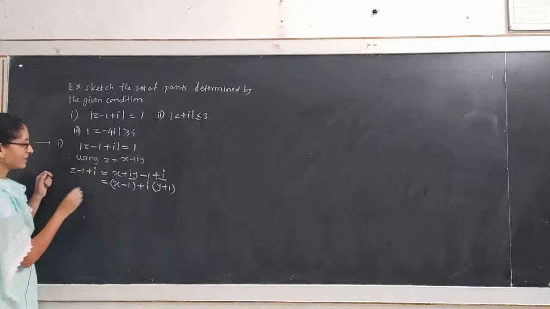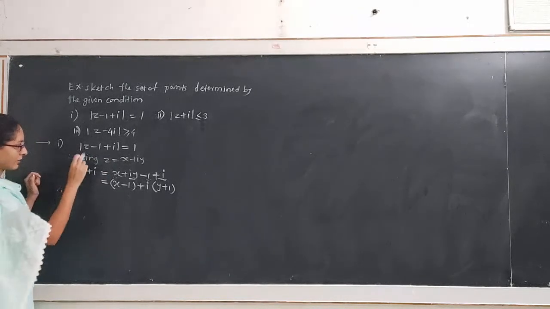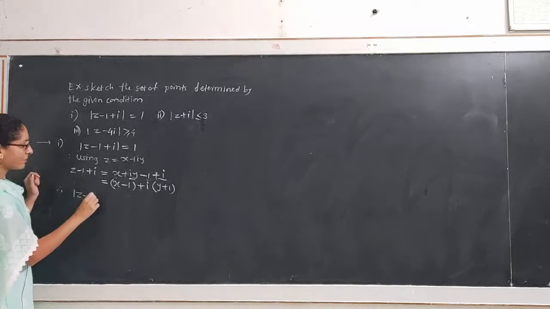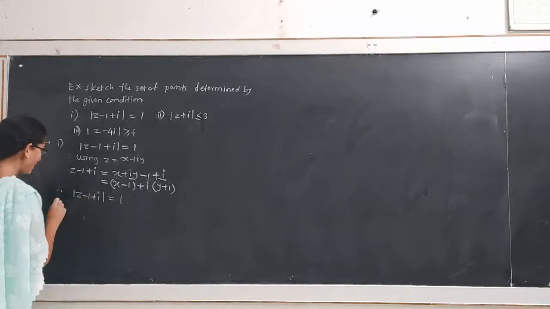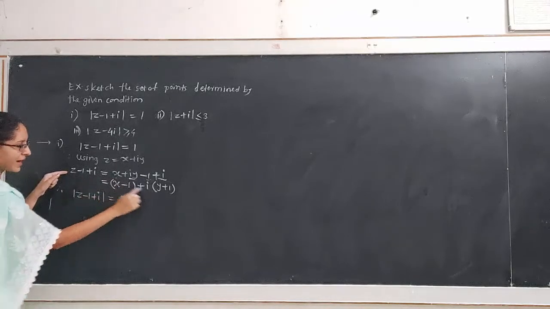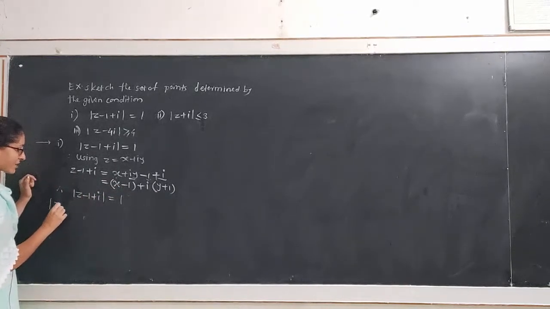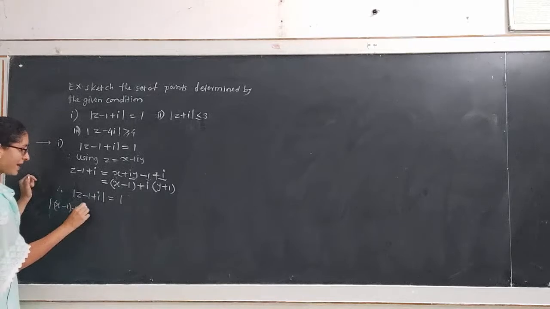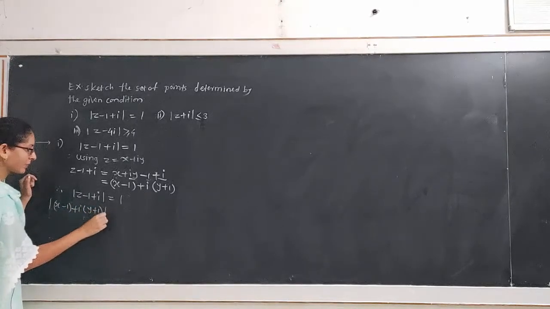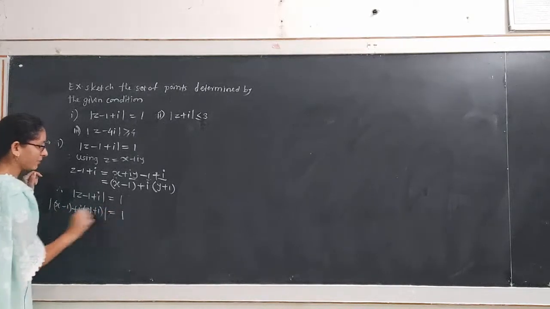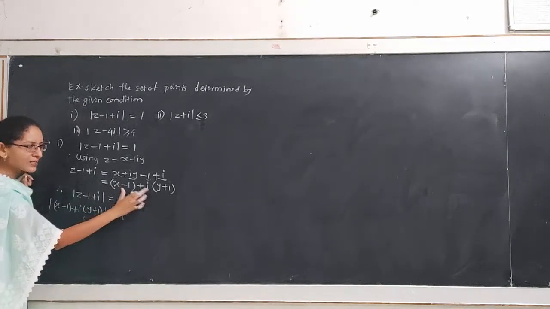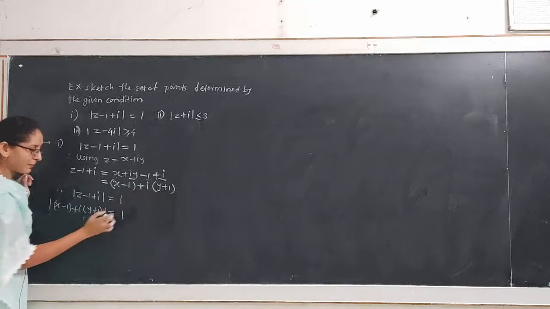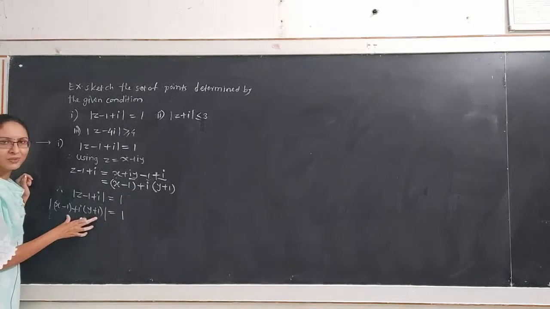Our given equation mod of z minus 1 plus i is equal to 1 gives the modulus of x minus 1 plus i into y plus 1 is equal to 1, because z minus 1 plus i is in the form of a complex number, x minus 1 plus i into y plus 1, and we find the modulus of this complex number.